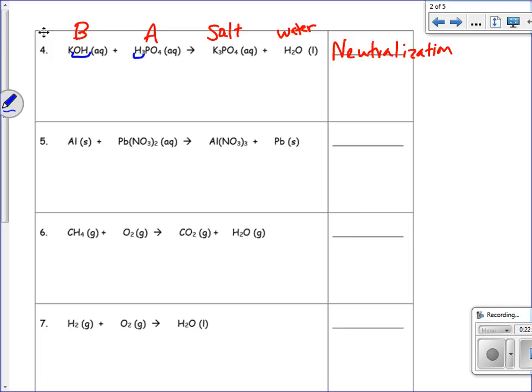So what can I do to my water to make that work? I can change my water to an HOH, right? 2 H's, 1 O, still the same thing, but now I've just put it into 2 separate groupings. I make it an H group and I make it an OH group. Now I can compare to the other side. Does everybody see that?